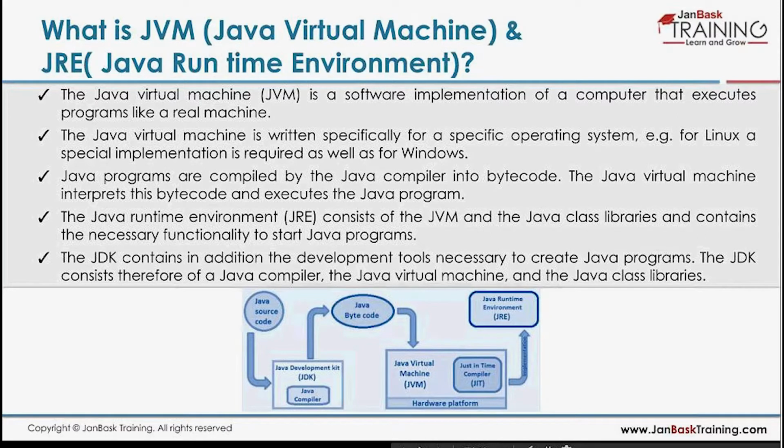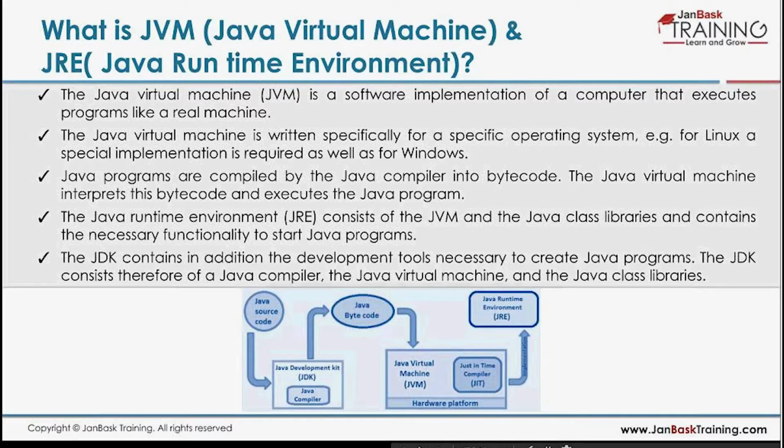The company which now maintains Java, Oracle, supplies you with the Java compiler, the Java runtime environment, and the Java virtual machine. These three things are provided to you as a developer, so you can download the specific virtual machine that you need for your environment.